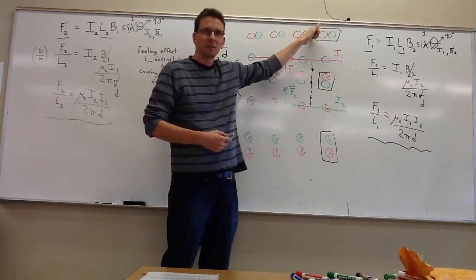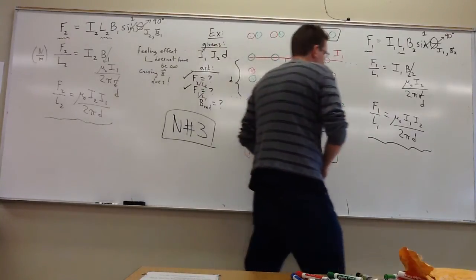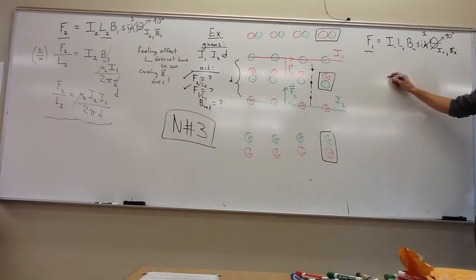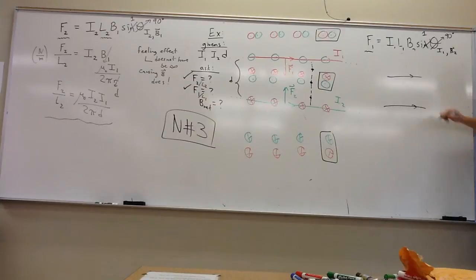So I can quickly sketch that out. If you had the two currents running like this, what you would find is that both the magnetic fields would reinforce here, and they would oppose out here.